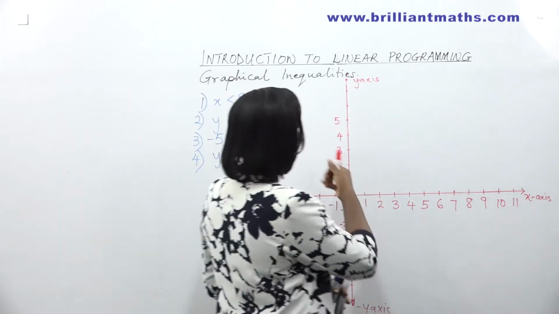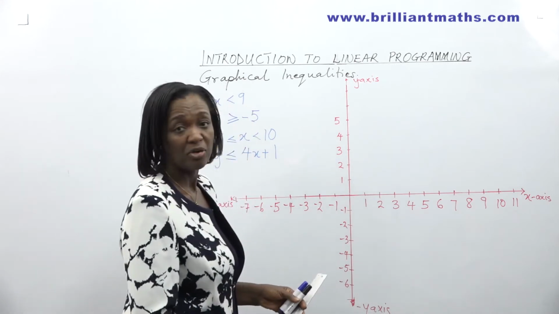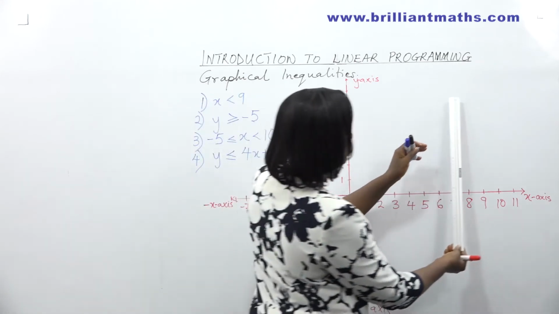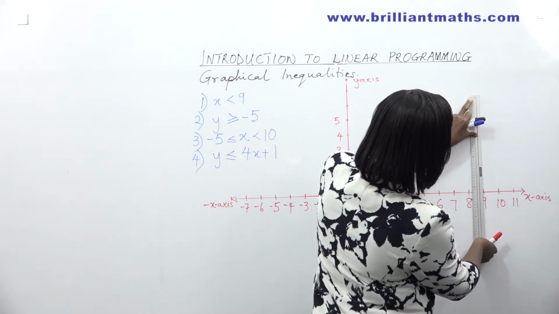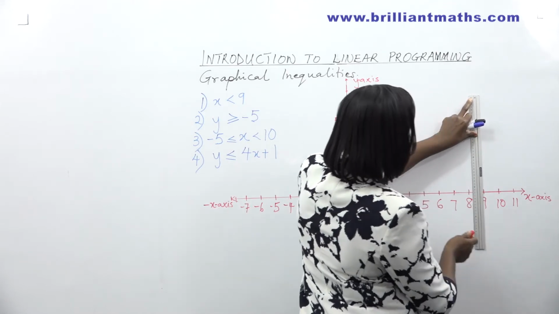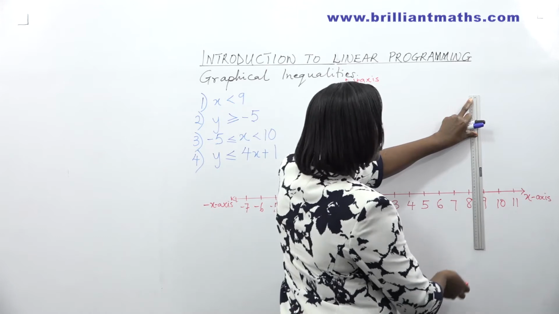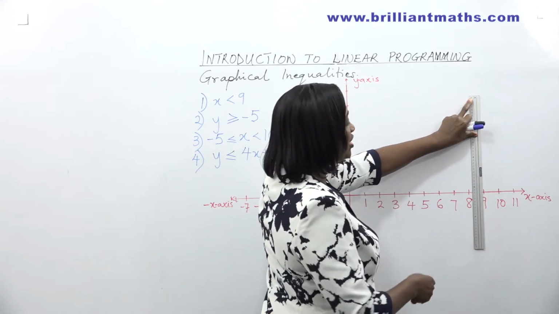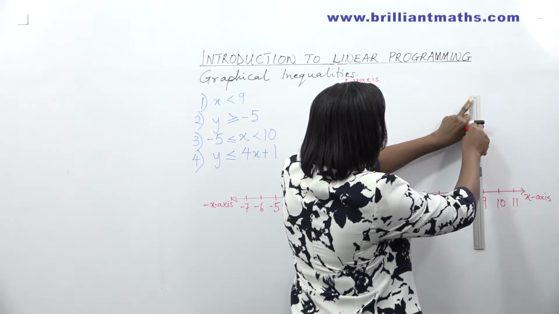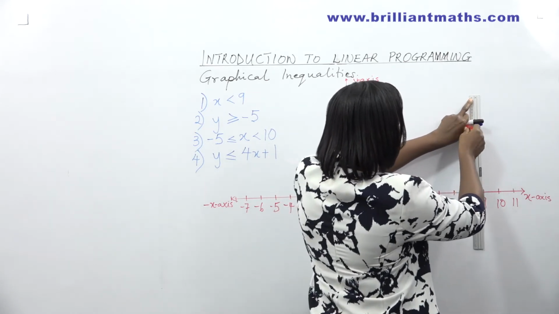We have our x and y axis. We have our grid. So we draw a straight line where x is equal to 9. But 9 is not part of the solution. So when the inequality is strict, you represent it by dotted lines. It's not a solid line.